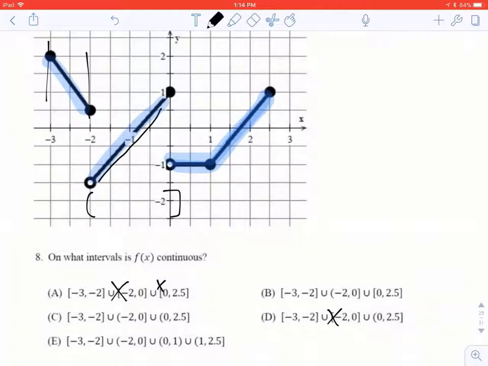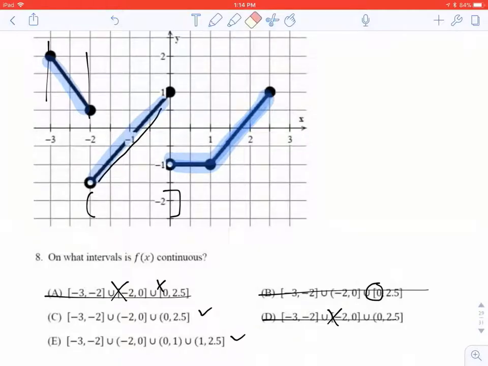The second one looks like it's possibly going to work. Third one looks like it also works. B doesn't work because it's supposed to not include the 0. So we know it's not B, we know it's not here, we know it's not here. Let's look at C and E a little bit closer.